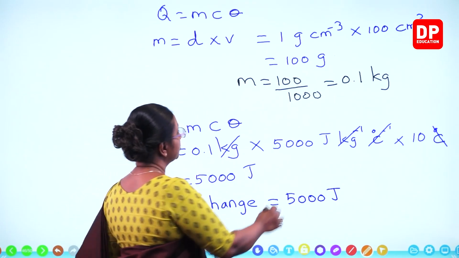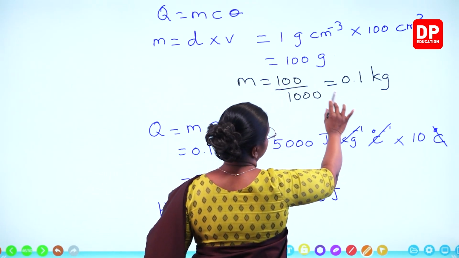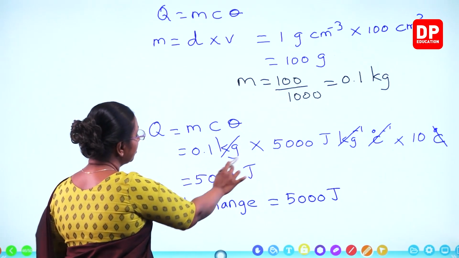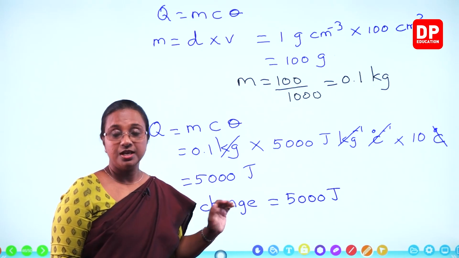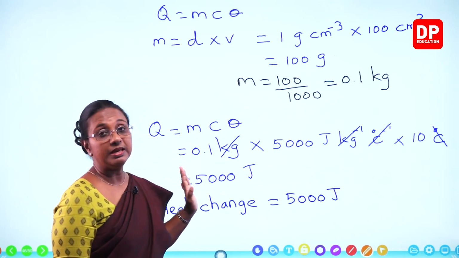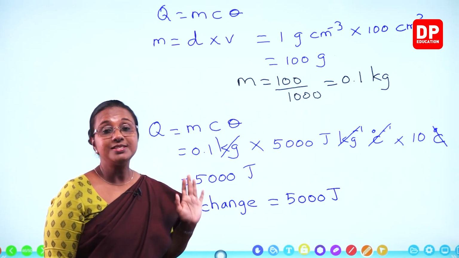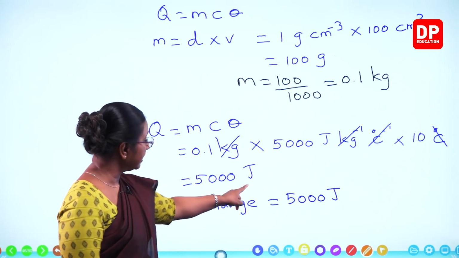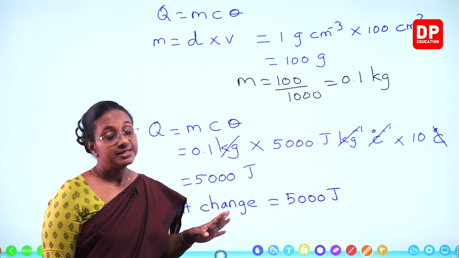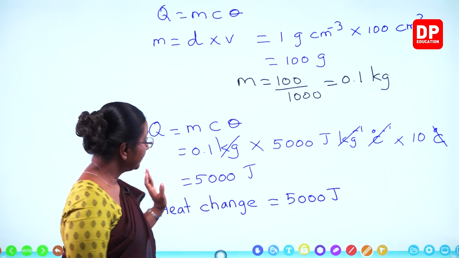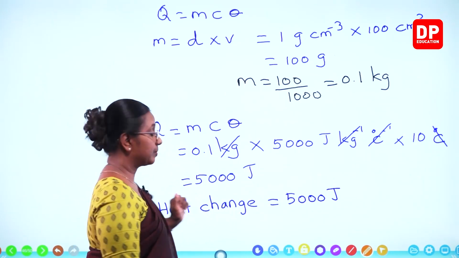You have to make sure that you do this conversion. You do it here and substitute, or here you substitute as 100 divided by 1000. Either way, the unit should be in kilograms. All standard units, so that you get the energy or the heat change in joules. Is that clear? So with that, I'll move on to the next part of the question. Sixth one.